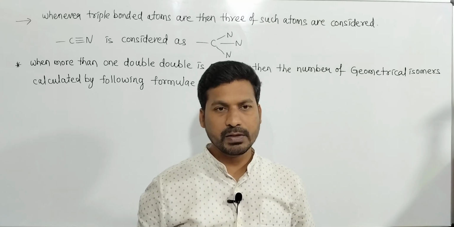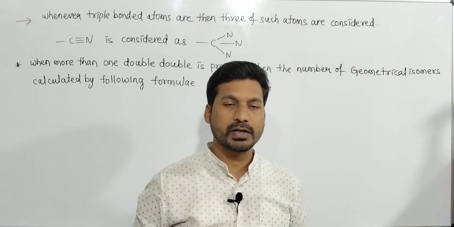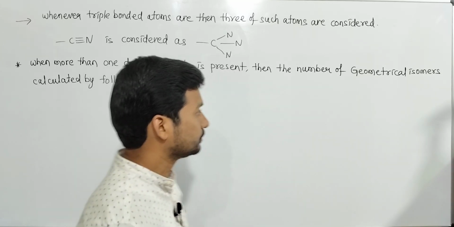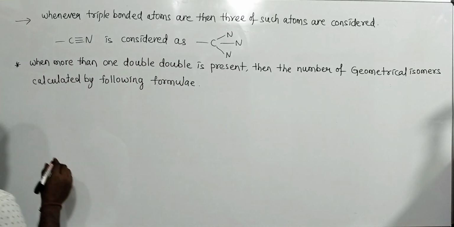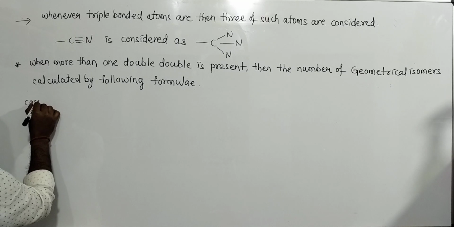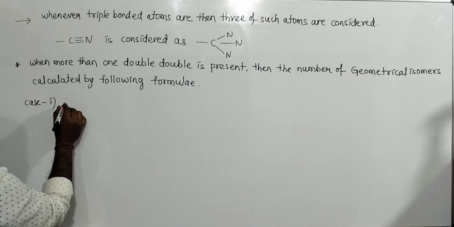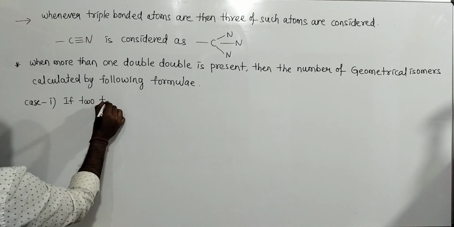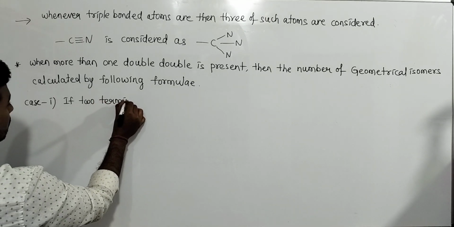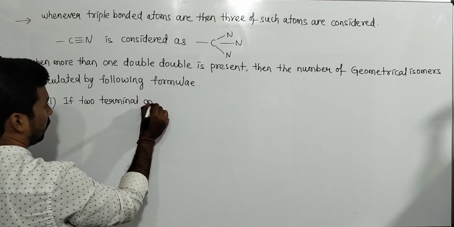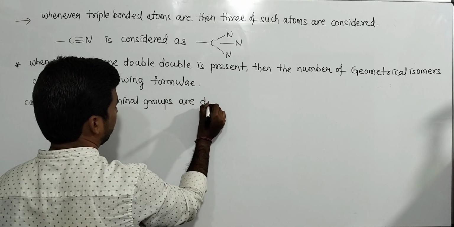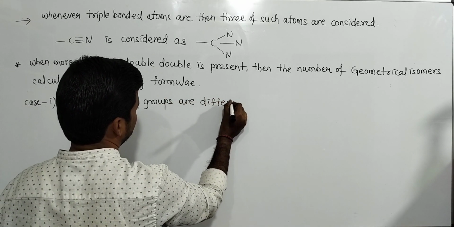If only one double bond is present, 2 geometrical isomers are possible. Whenever more than one double bond is present, there are 3 conditions. Case 1: if the 2 terminal groups are different, then we use one formula.